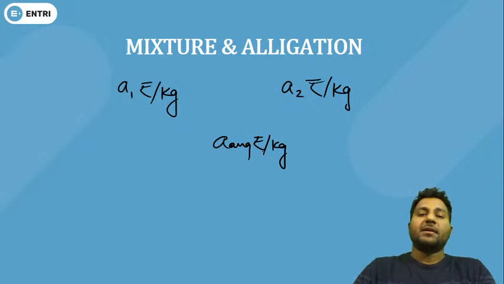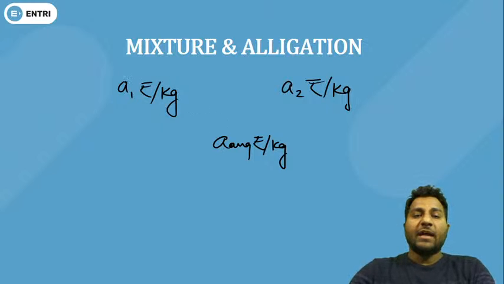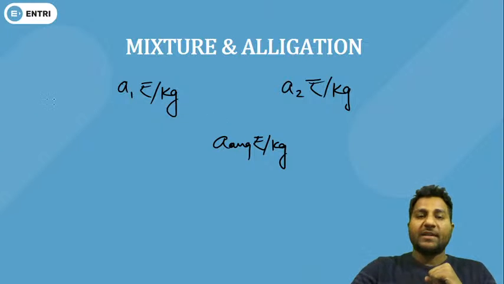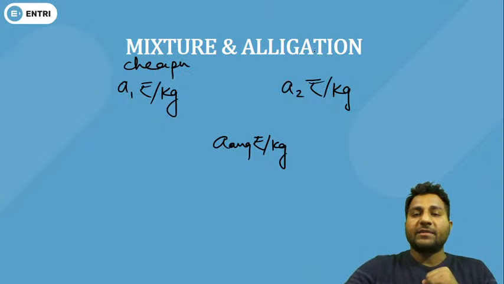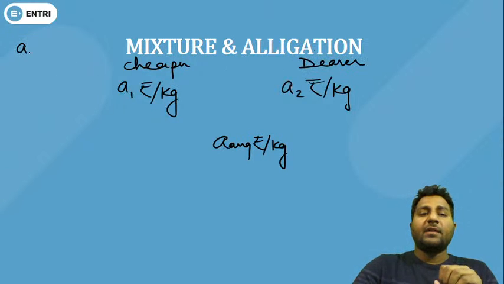As these two prices are different, this average price will be in between them. Let's say the first one is cheaper and the second one is dearer, which means A1 will be smaller than A average and A2 will be greater than A average.